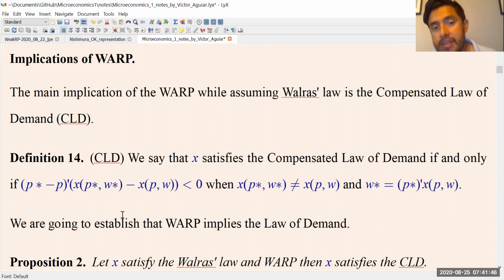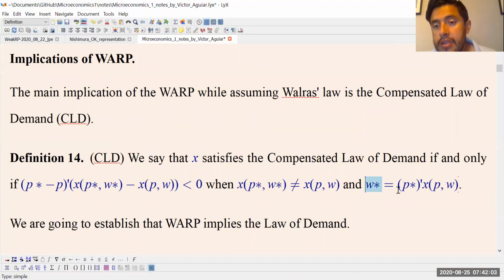So they have opposite signs. But there is a caveat, and that's why it's called the compensated law of demand. These 2 price and income situations are not just any price and income situations, they are a particular one, such that the new income is equal to the new price, p star, multiplied by the original bundle.